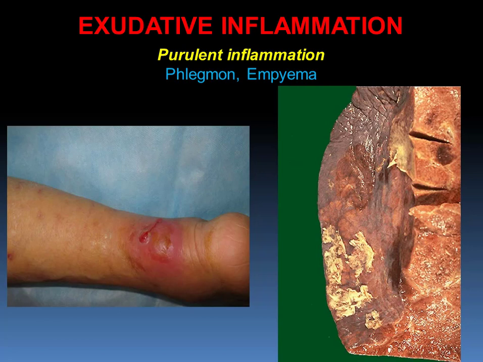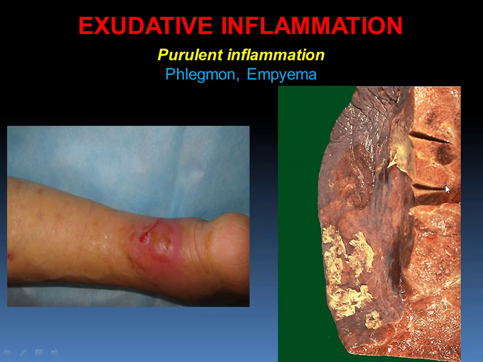That's why soft phlegmon has flabby consistence. In the photo we can see phlegmon of the lower extremity. Cellulitis is inflammation of subcutaneous fat tissue. And cellulitis is a particular variant of phlegmon.